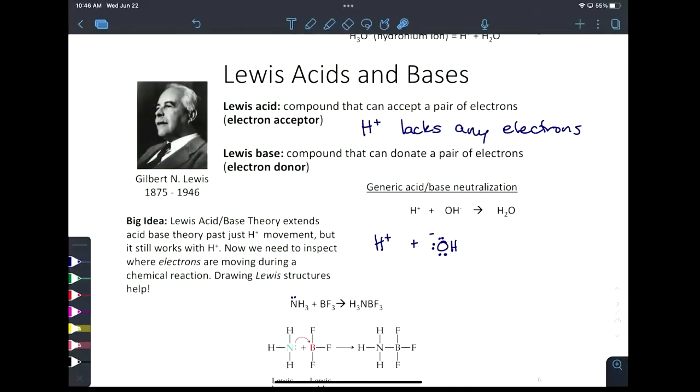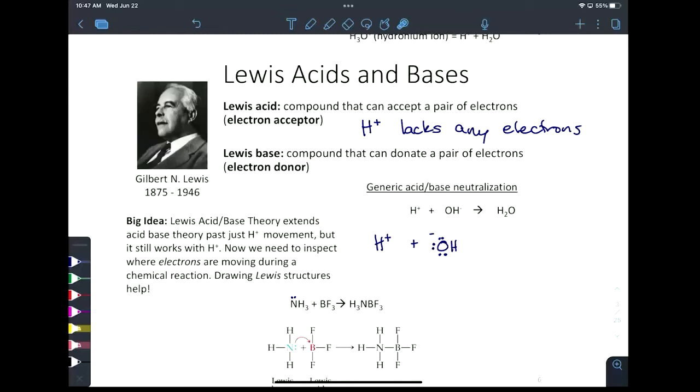Okay, this is Lewis acids and bases. So instead of thinking about protons, we're looking at movement of electrons. So again, you need to know the chemical formula and the structures to understand this. Think about an acid, an H+ proton, that we talked about in Bronsted-Lowry. A proton has no electrons. It lacks electrons.